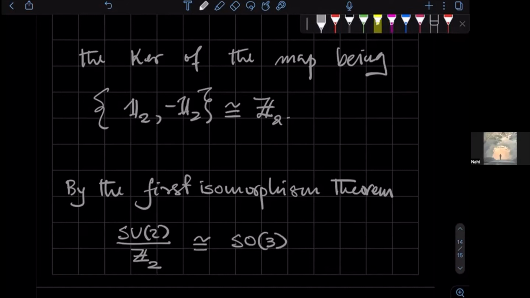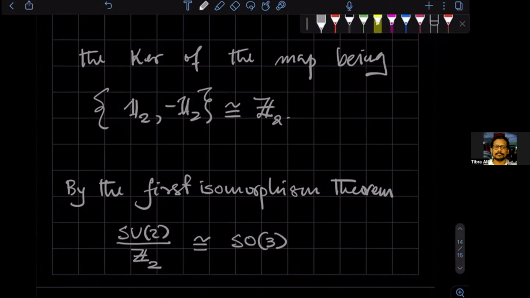Sir, should we not comment about the surjectivity of this homomorphism before concluding it's isomorphic to SO3? You mean whether or not it's onto? Yes. Right. I think it is onto, but let me think how I can prove that.